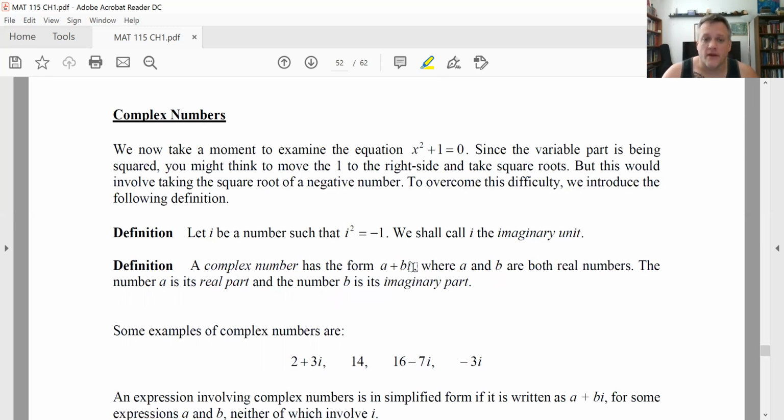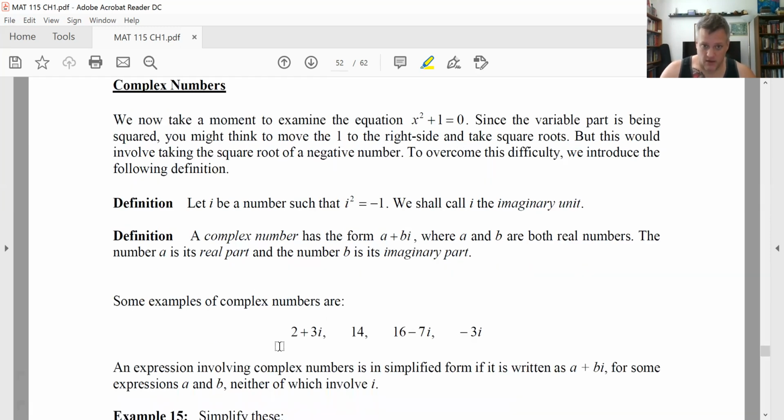All right, so a complex number technically can be written as a sum of 2 pieces, namely a real piece and a piece that's multiplied by i. Right? And so some examples are 2 plus 3i and 16 minus 7i. Those are true complex numbers in the sense that they're most general. But every real number technically is complex because you can take b to be 0.